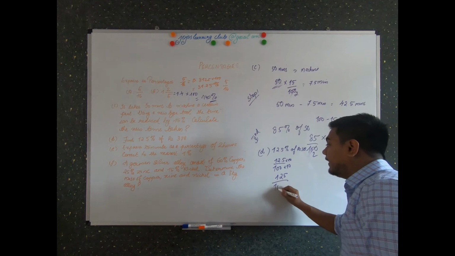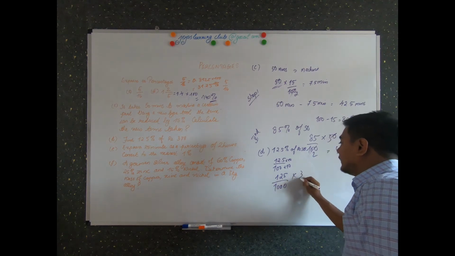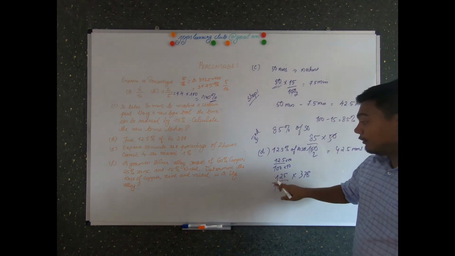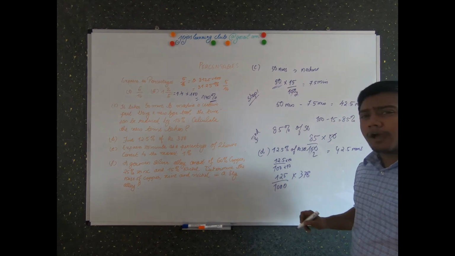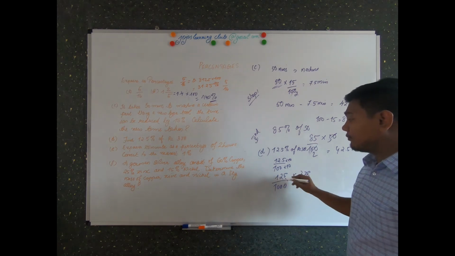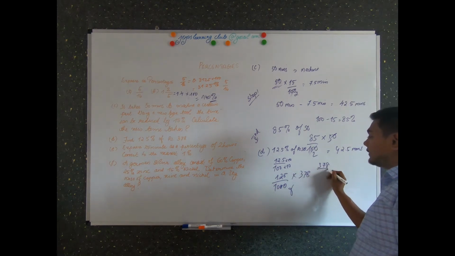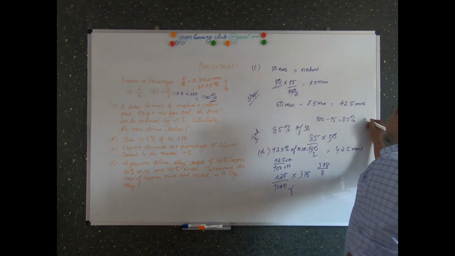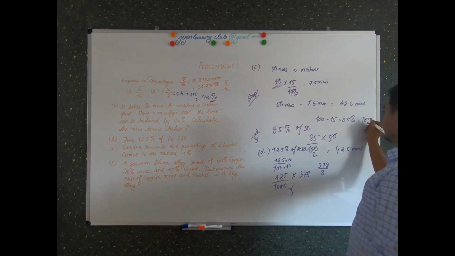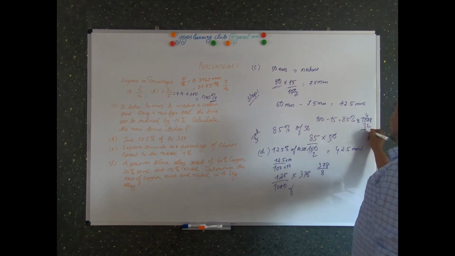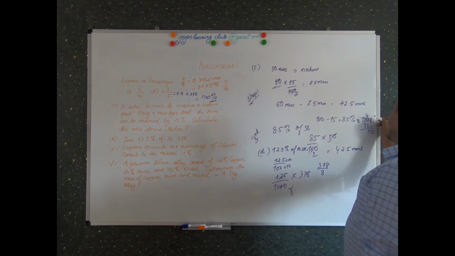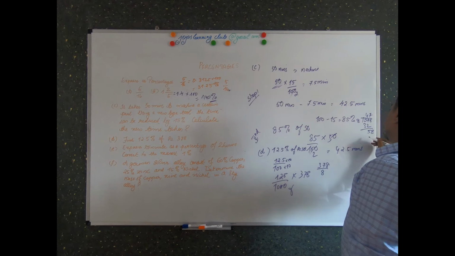So 125 by 1000 times 378. 125 and 1000 are both divisible by 125, so you can cut it down and write it as 378 by 8. Let's calculate 378 by 8. 8 fours are 32, then bring down the 5, 58. 8 sixes are 48, 8 sevens are 56.